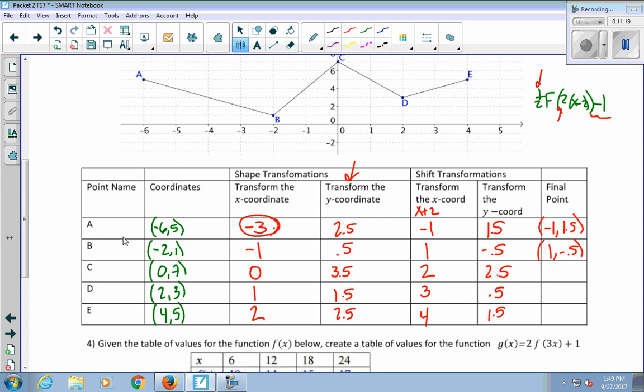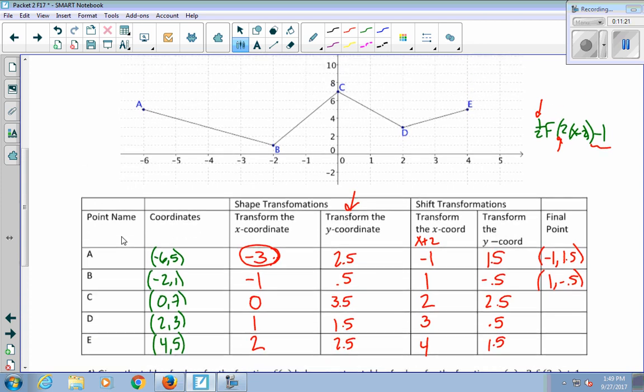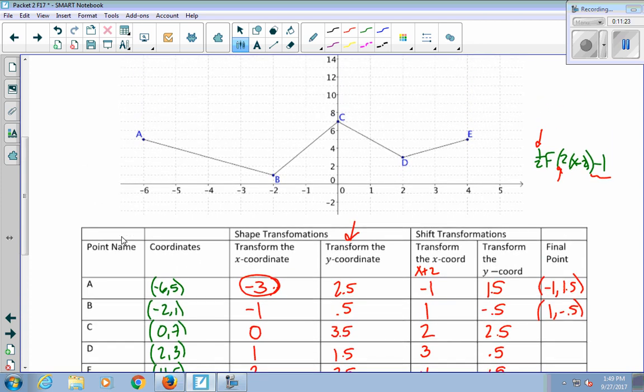And I'm going to plot them. So -1, 1.5, about right there. 1, -0.5, about there. 2, 2.5. 3.5.